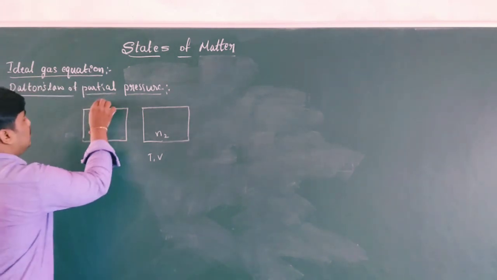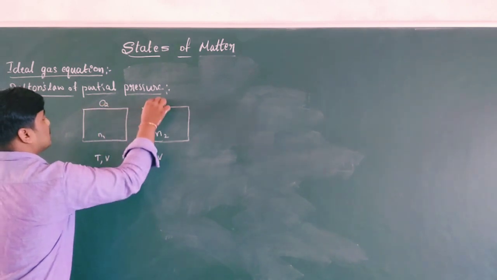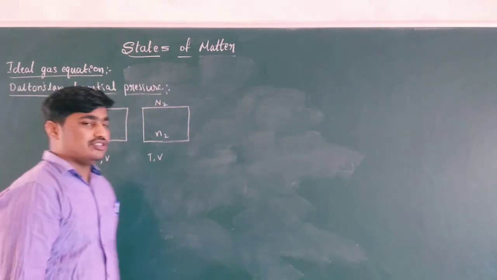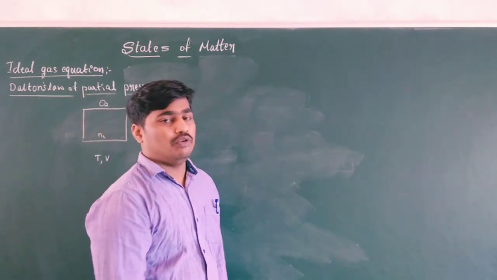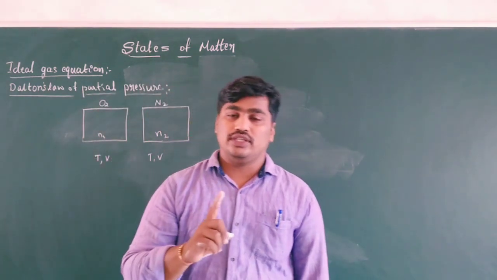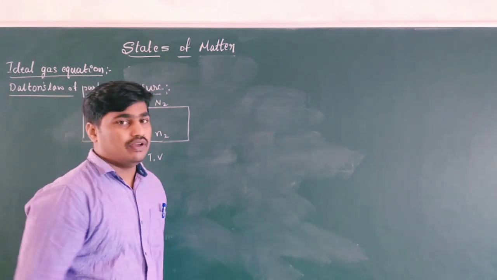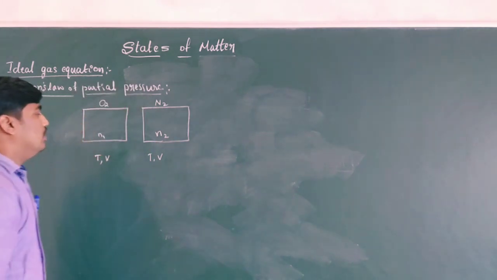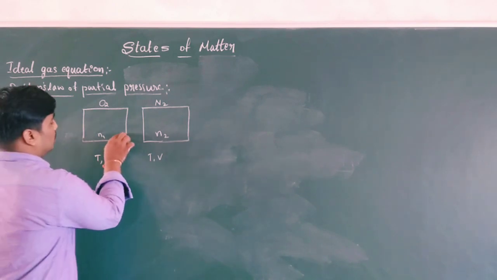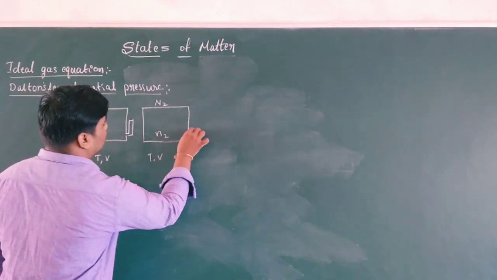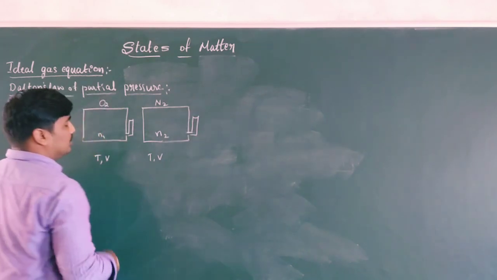Suppose one system contains n1 amount of oxygen, and the other contains n2 amount of nitrogen. This one gives one pressure, and this one gives a different pressure.